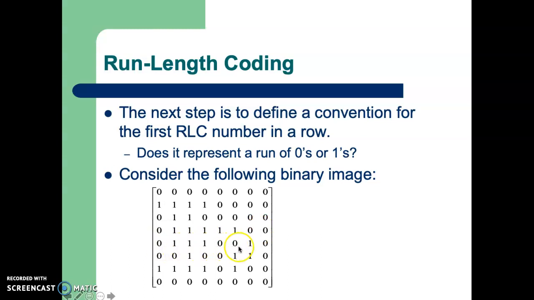Then 1, 3, 2, 1, 1. Then 2, 1, 2, 2, 1. Again, this one starts with 1, so there is no 0 and you count 0 as 0, then continue with 4, 1, 1, 2. The last one is 8.